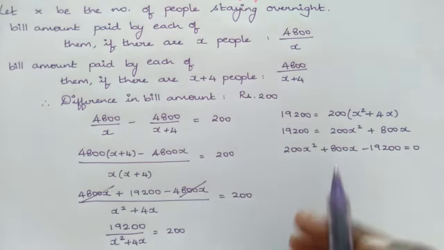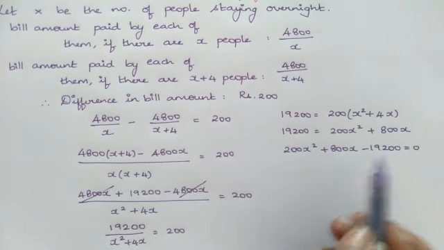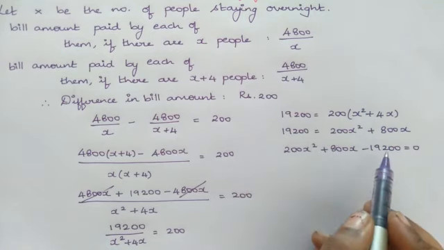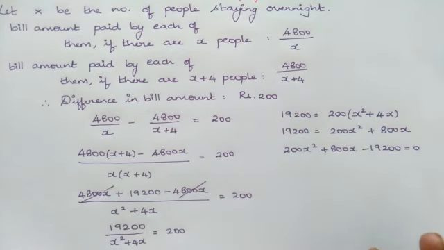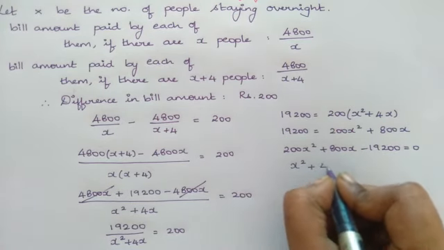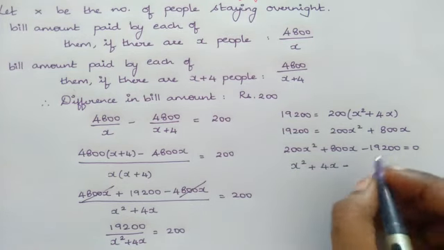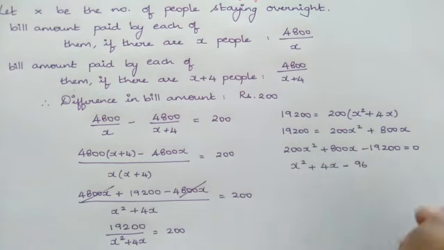Now we can see that 200 is going to be a multiple of each coefficient and also the constant here. So let's divide the entire equation by 200. So this becomes x square plus 4x minus 96, which is equal to 0.